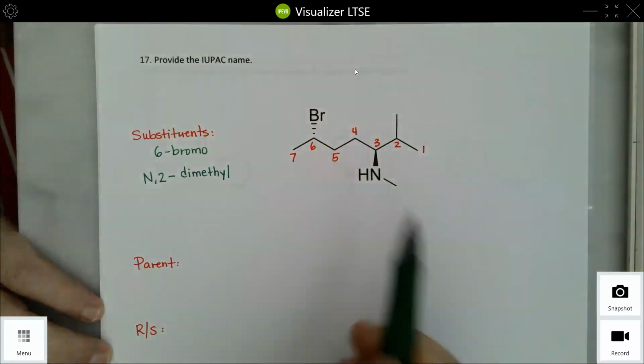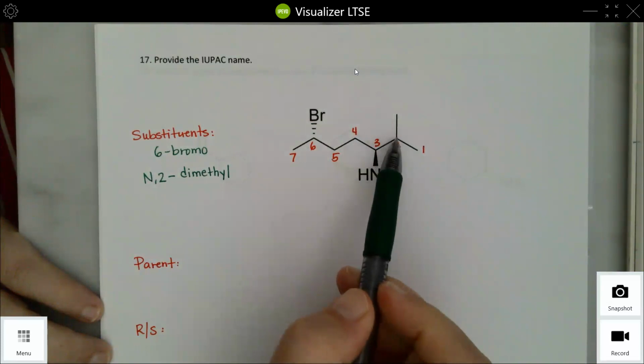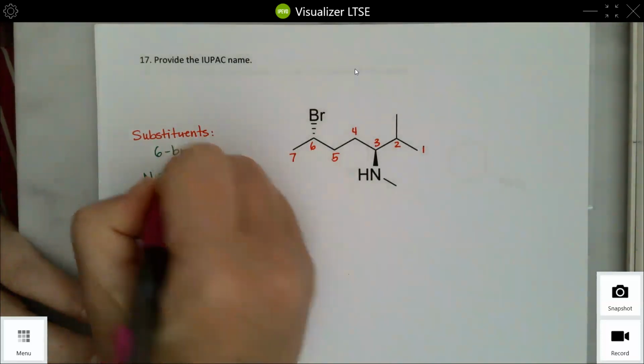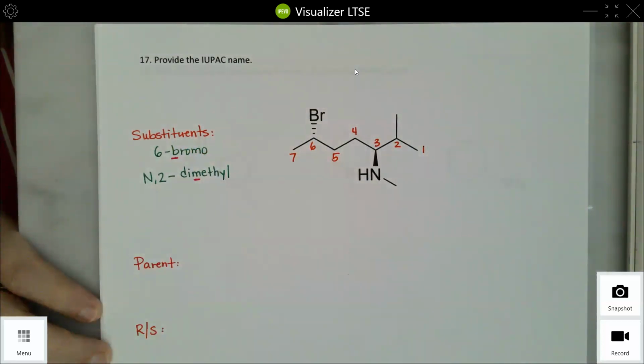And again, that's because N is used as the locant for this methyl group. And then we have the 2-methyl here, and the N always comes before any number. So it becomes N,2-dimethyl. So those are our only substituents. Of course, we want to think about alphabetical order. B comes before M in the alphabet. So we're going to do the 6-bromo first.